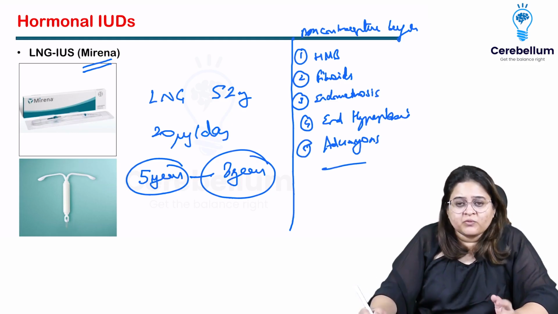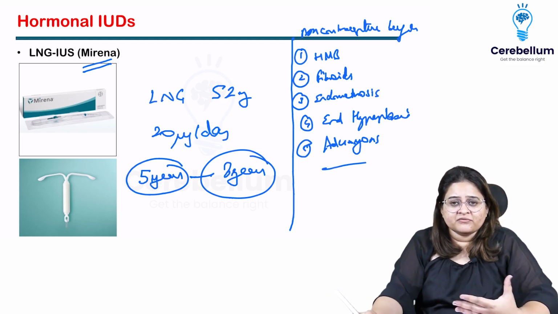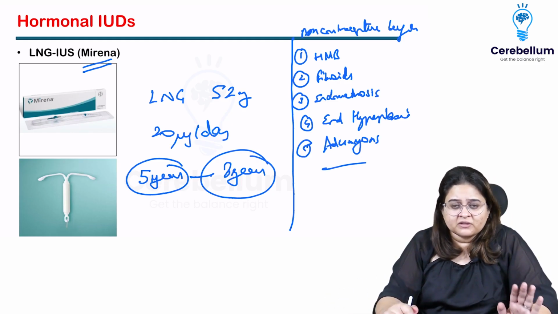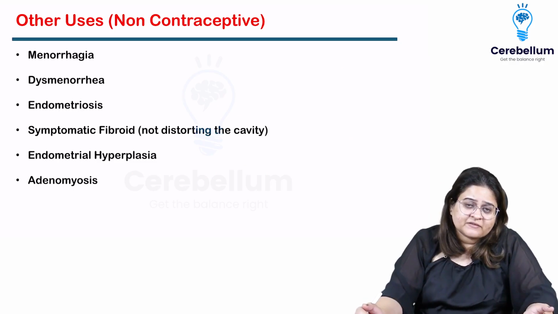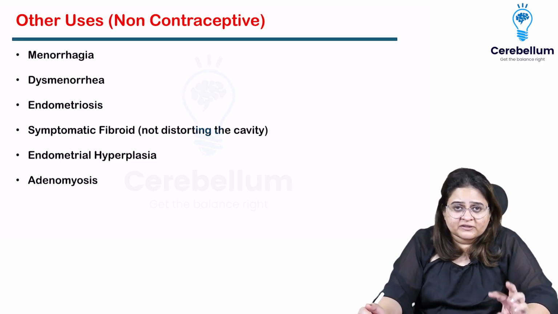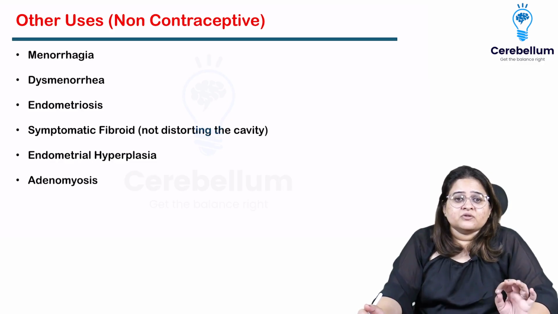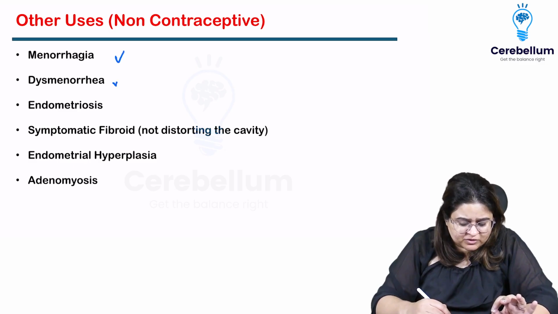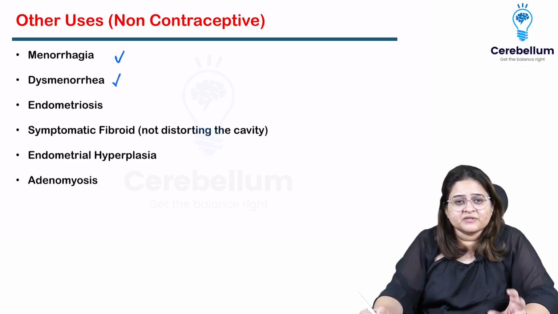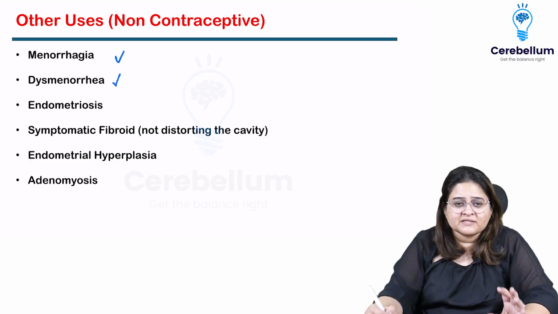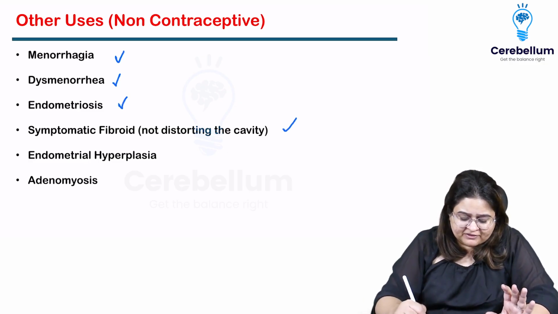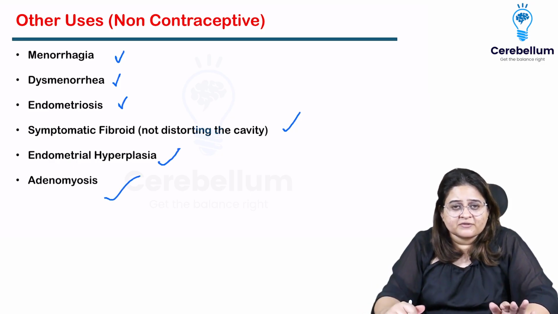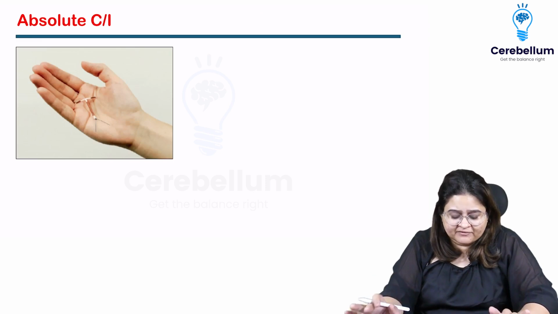So whenever you have a woman with heavy menstrual bleeding because of these reasons or just simply no other reason, you can put in a Mirena. It will act both as a contraceptive and as an effective method to reduce the bleeding. So these are the other uses. Menorrhagia, dysmenorrhea, you can also use it, but sometimes the dysmenorrhea may worsen with the intrauterine device. But endometriosis, symptomatic fibroids, endometrial hyperplasia, and adenomyosis are definitely non-contraceptive benefits of an intrauterine device.